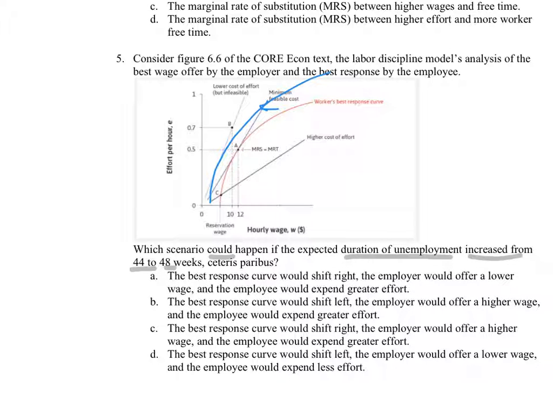And now the other side of the labor discipline model is that there's constant wage rates, and the employer will choose. This is just the constant dollars required per effort.